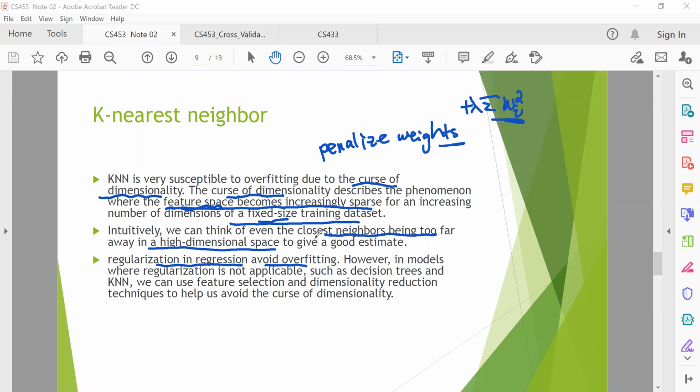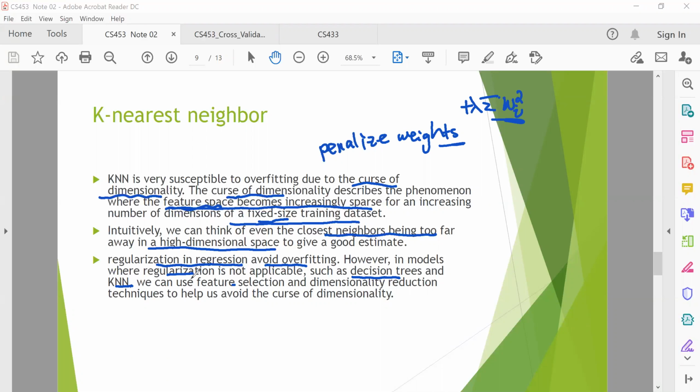But that won't work here, because we don't have any discriminative function. Regularization also applied to decision trees, as we learned previously, but for KNN regularization won't work.